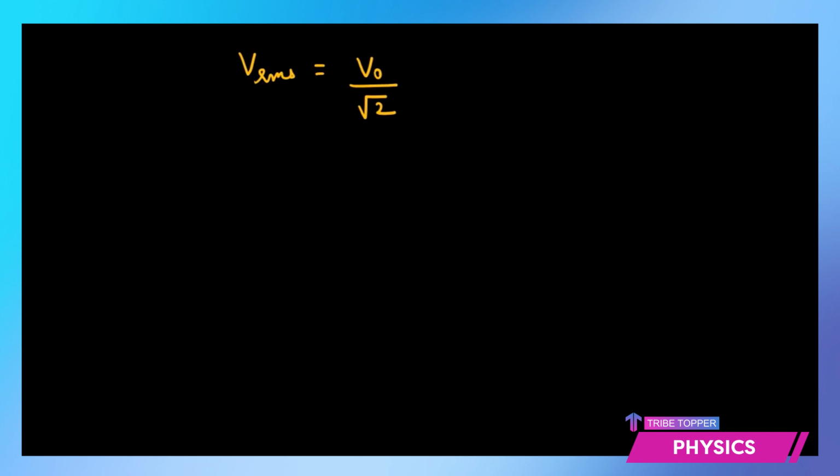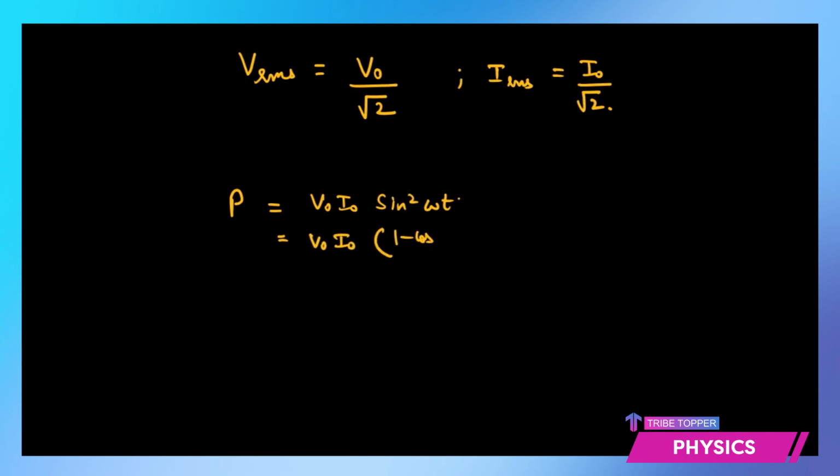So if V RMS is V naught by root 2 and I RMS is I naught by root 2, what will be our RMS value for the power? So P is going to be V naught I naught sine square omega t, and sine square omega t is again 1 minus cos 2 omega t over 2.